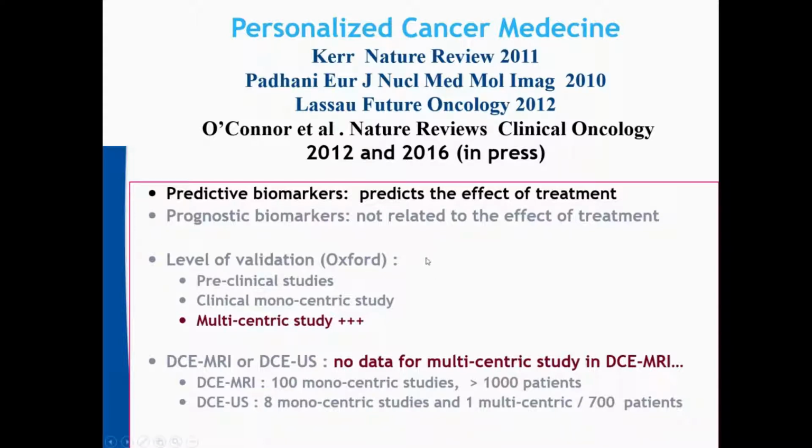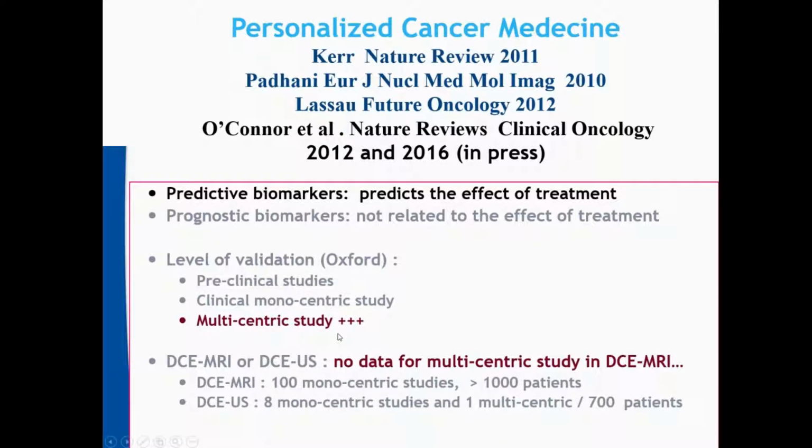And if we are speaking about biomarkers, remember, we have the Oxford guidelines, so we need to validate in preclinical studies. After, we need to perform several monocentric studies, and we need to finish for the FDA with a multicentric study.